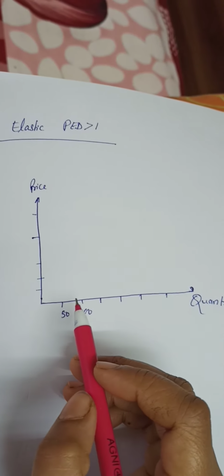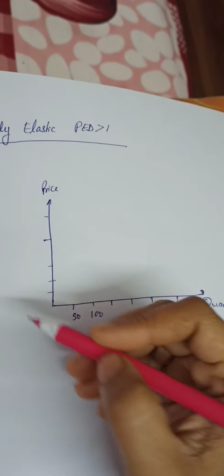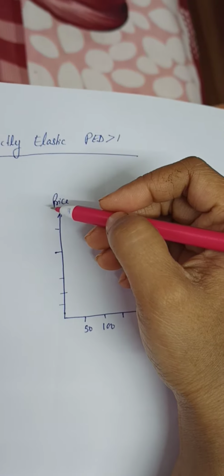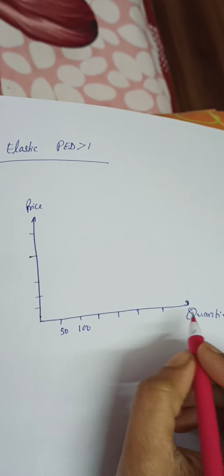Now perfectly elastic, that is PED is greater than 1. This is the price axis and this one is the quantity axis.